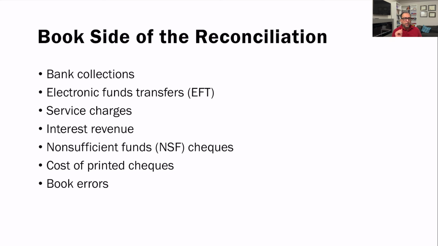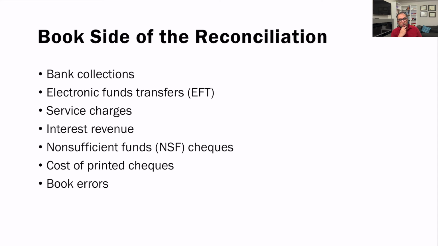Bank collected directly. Electronic fund transfers are the same as a bank collection, but someone transferred the money electronically into your bank account. Service charges: if the bank charges some amount without your knowledge, you did not record it in your books.